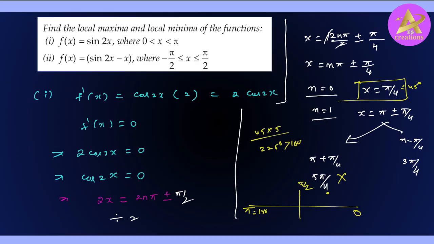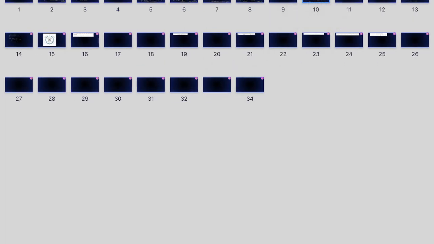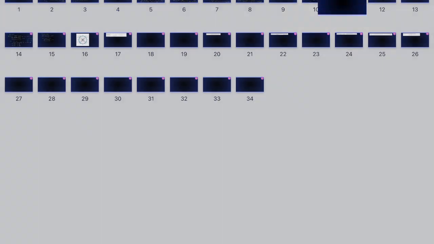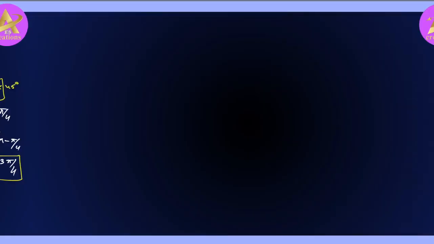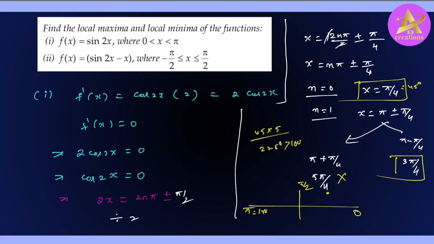Next, what about 3π by 4? π by 4 is 45 degrees, multiplied with 3, we get 135. 135 is in between 0 and 180 degrees. This is fine. 3π by 4, that means we got two x values: x equal to π by 4 and x equal to 3π by 4.